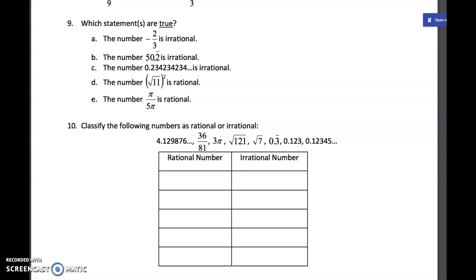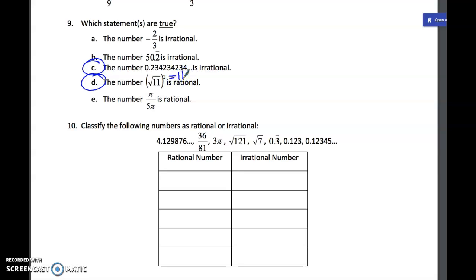C, the number, and we have our decimal, and it is not repeating, it is not terminating, so it is irrational. So C is true. D, the number square root of 11 squared is rational. That is true because square root of 11 squared ends up equaling 11.